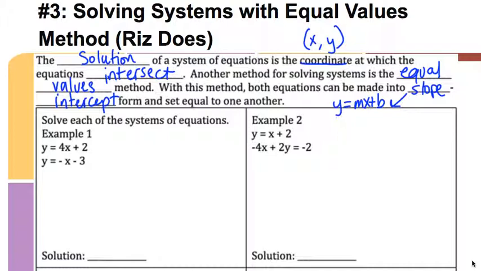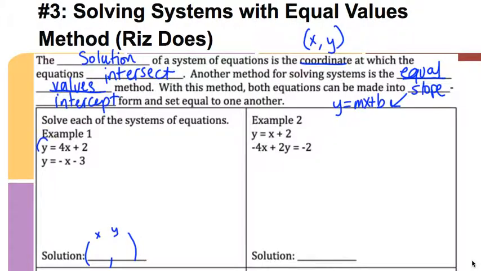To solve each of the systems of equations, here's the first example. So the whole idea behind this is we're trying to get an answer that has x comma y. All right? So I see the equations. It says y equals 4x plus 2 and y equals negative x minus 3. The whole idea behind this is that if I have equal values, I can just set them equal to each other.